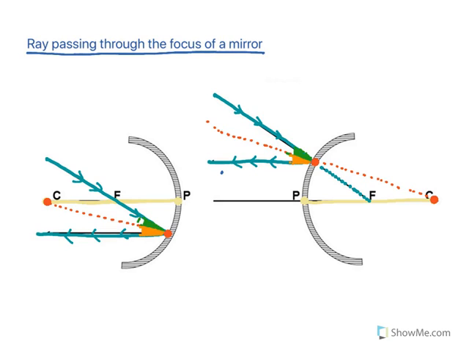So in both these cases, the green one we called I, the angle of incidence, and the yellow one was the angle of reflection.